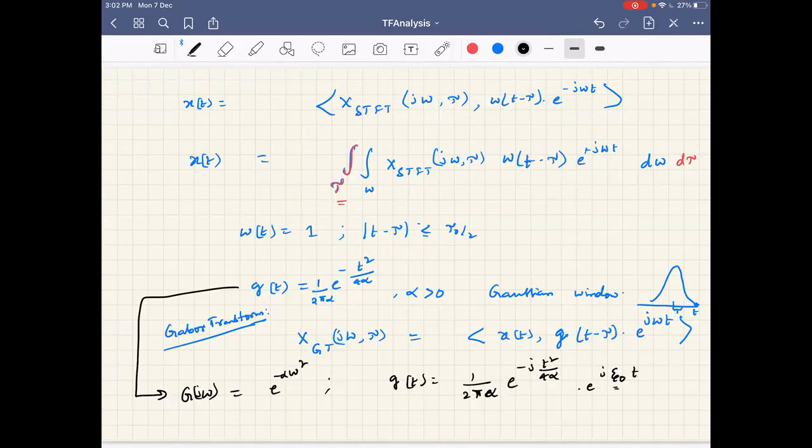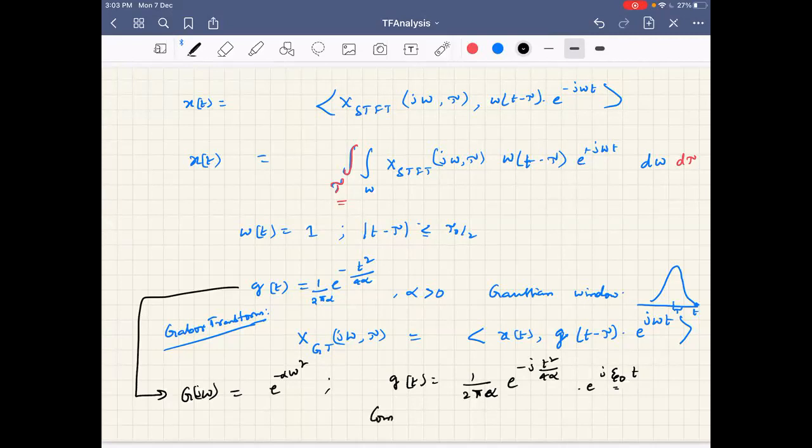This j omega naught defines a sinusoid of particular frequency, and in 2 dimensions, it also lets us analyze the directional content of the image. So this is referred to as complex Gabor transform.